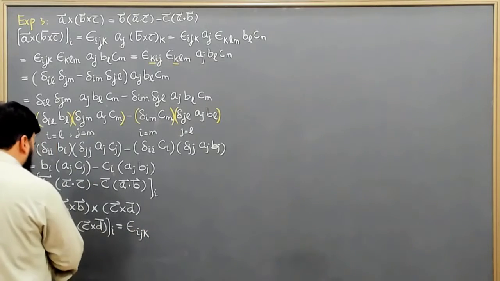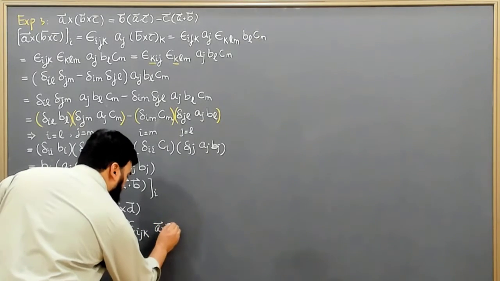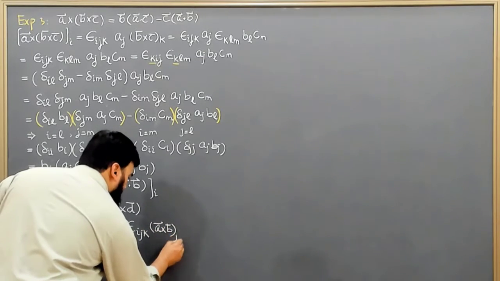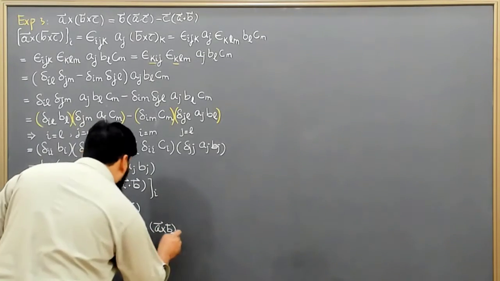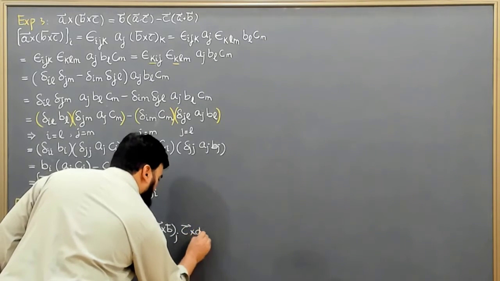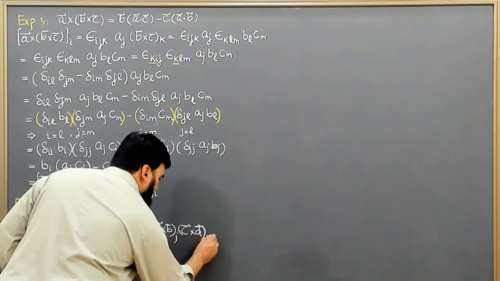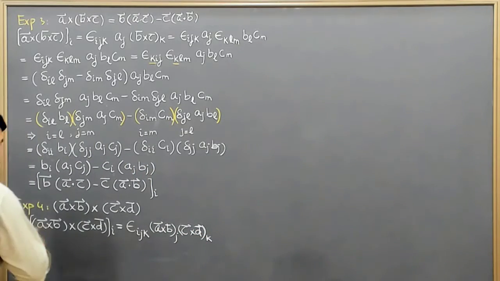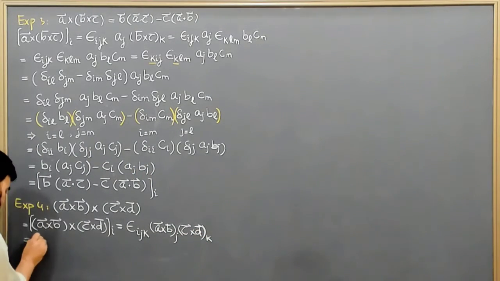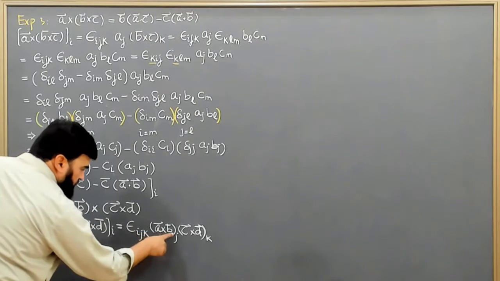So if I take the ith component of this, it is equal to epsilon ijk, and then the first one is A cross B, and this is the jth component, and then C cross D, and this is the kth component. Now I'm having epsilon ijk, and this is the jth component.